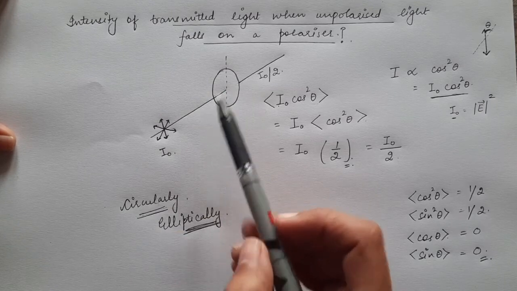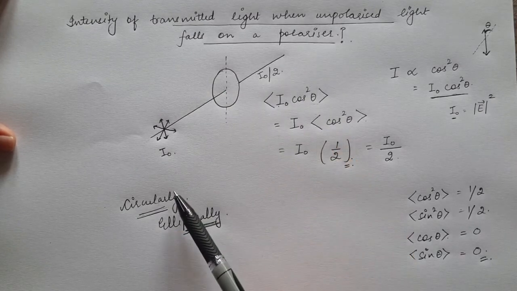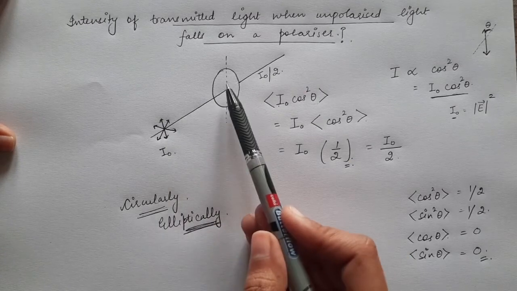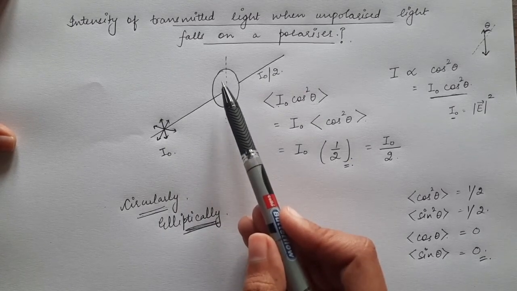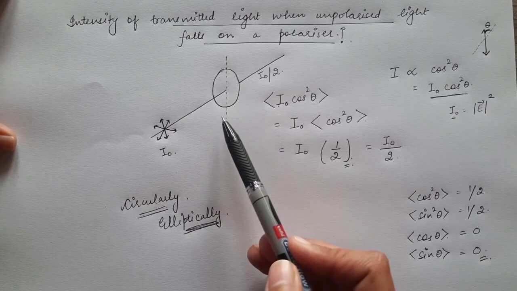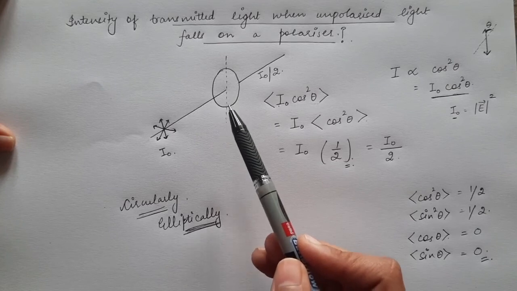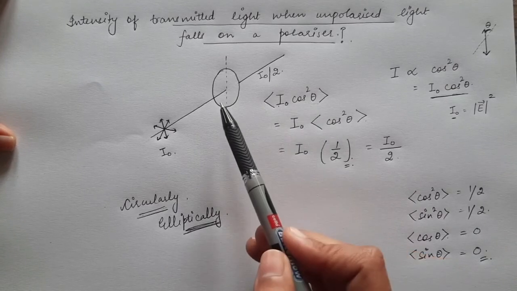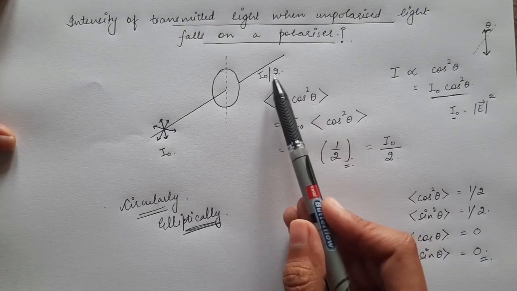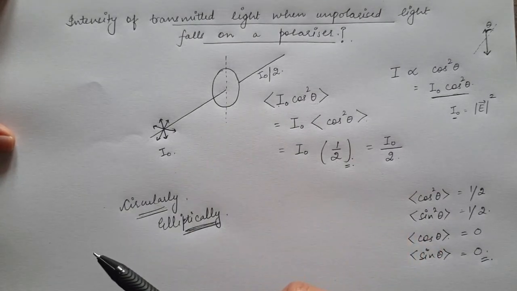Therefore in the case of unpolarized light, circularly polarized light and elliptically polarized light, the angle theta is not fixed. Theta is the angle made by the electric field vibration with the transmission axis. So if theta changes, we have to take the average. The intensity of the transmitted light in all these cases will be equal to half of its original intensity.